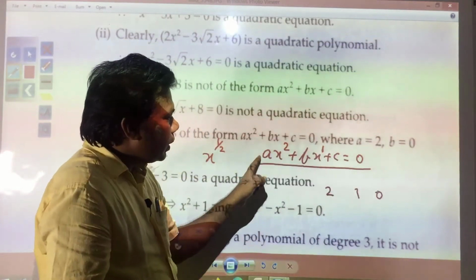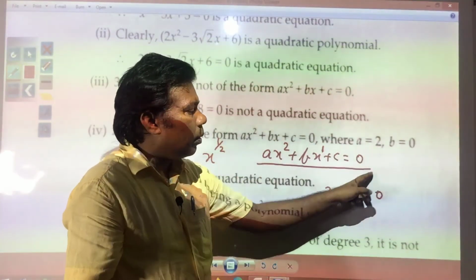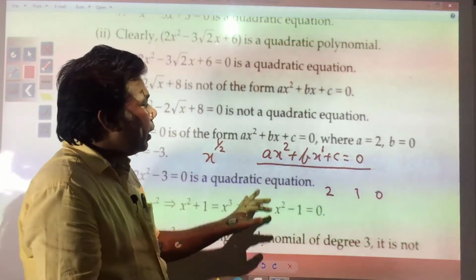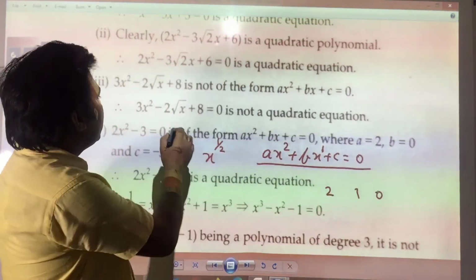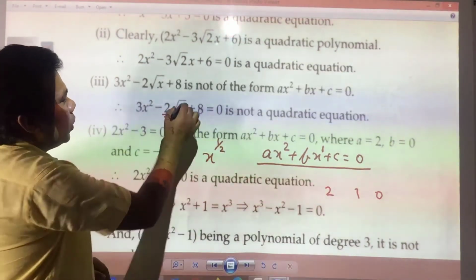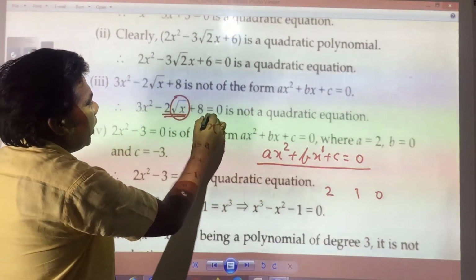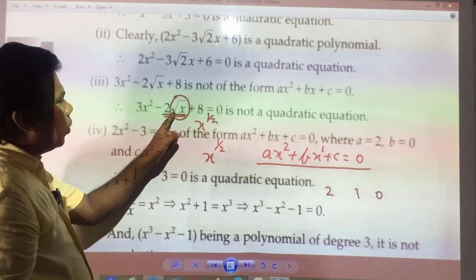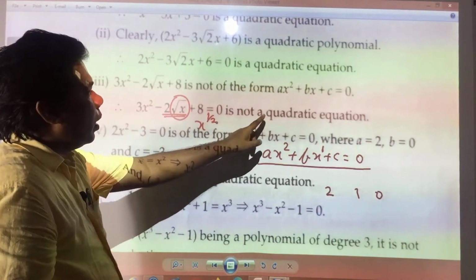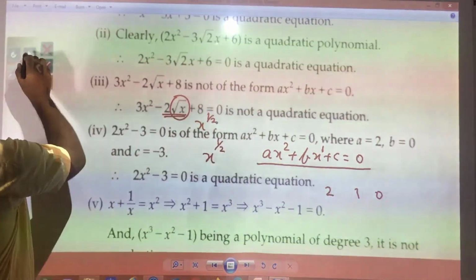So, in this sequence, if you have any equation or polynomial, that will be called a quadratic equation, otherwise not. Even here, you see, you have 2 root under x. Root under x means x to the power 1 by 2. So, this will not be a quadratic equation.